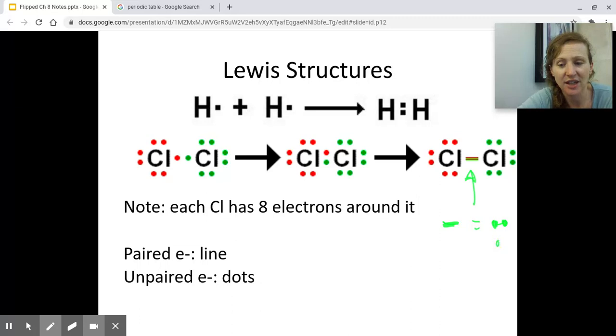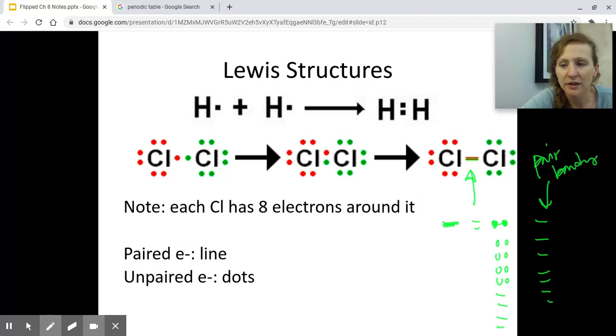We just get sick of writing dots over and over again, and so we eventually just merge into writing sticks. We call those bonding electrons. So if you see a stick, it's a pair of bonding electrons.